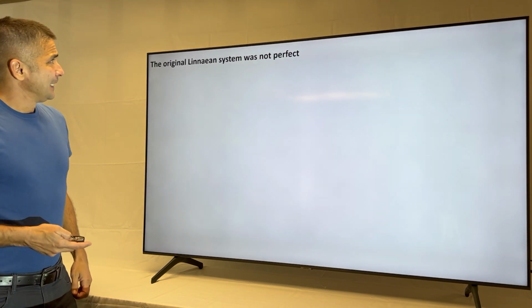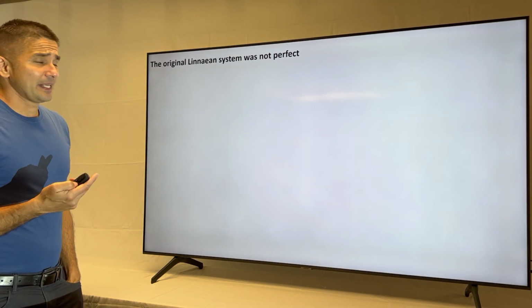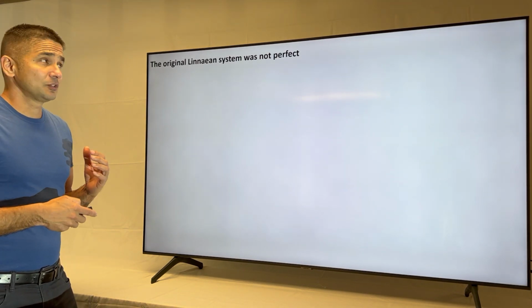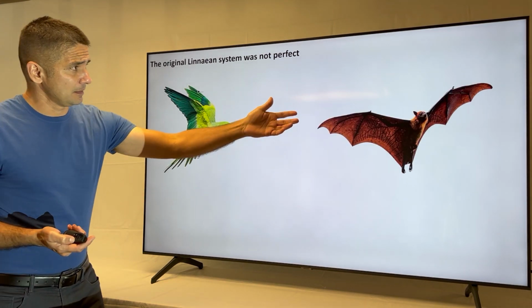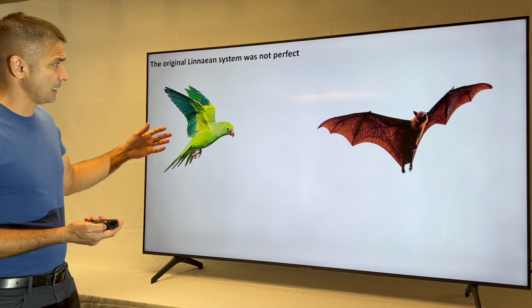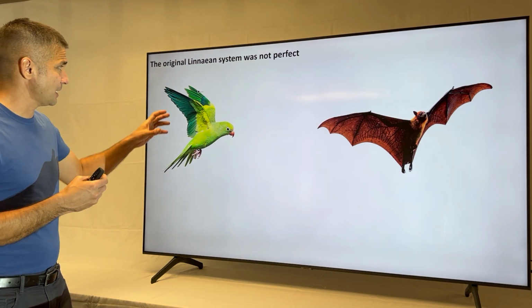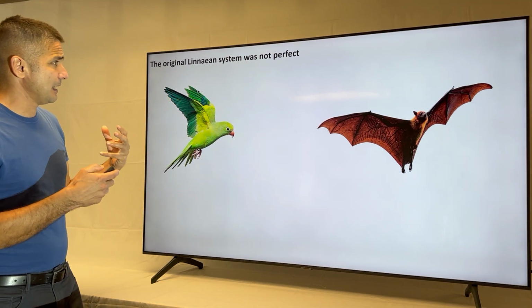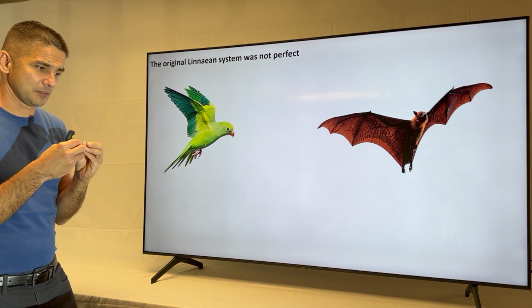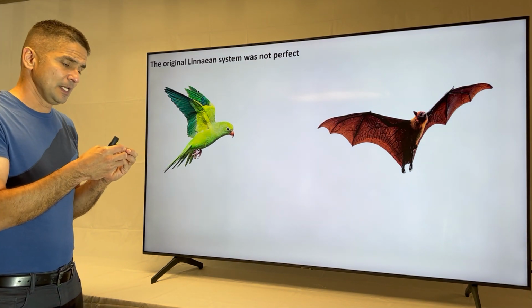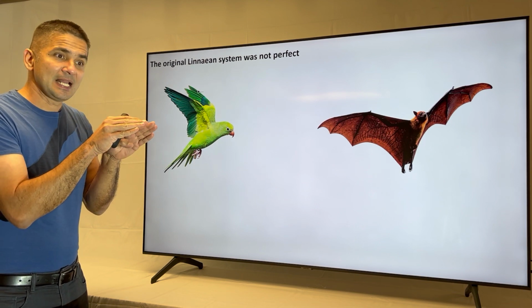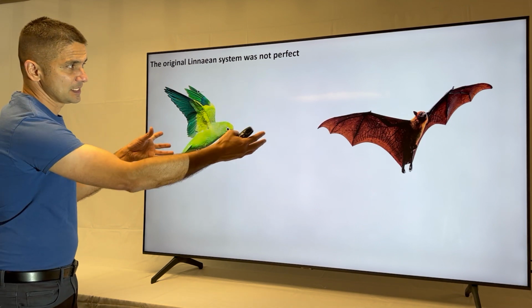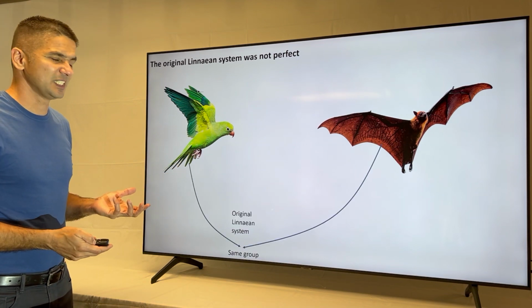Now, unfortunately, the system that was introduced by Linnaeus was not perfect. Let's look at an example. Here we had a bird and a bat. You can see that these species have very similar attributes: they have wings and the capacity to fly. Those are attributes that you can measure, and given that Linnaeus grouped individuals by the similarity of their attributes, you could potentially say that these two species belong to the same group.